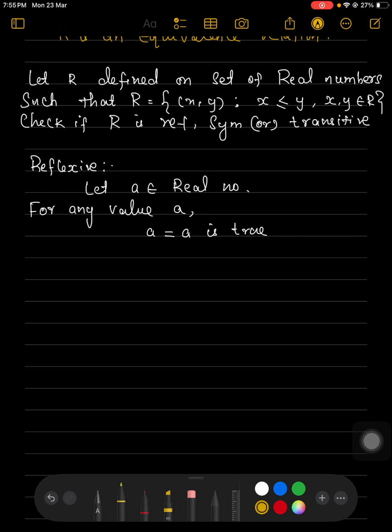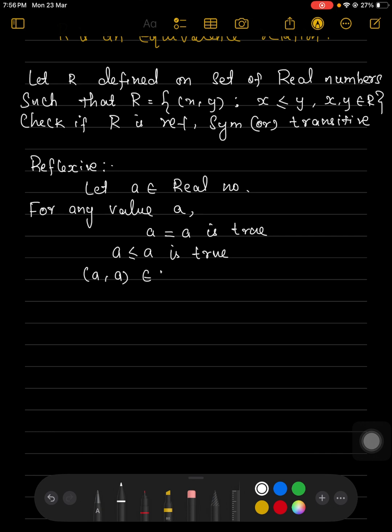Yes, I got here A is less than or equal to A is true, because I already got A equal to A. So the (A, A) pair is seen in relation. R is reflexive.